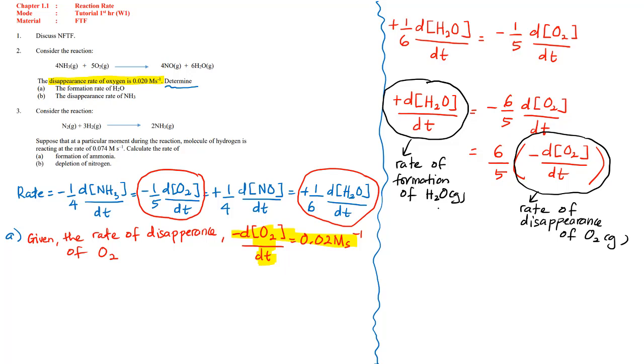Jadi apa hubung kait dia? Kadar pembentukan water vapor adalah 6/5 kali ganda daripada kadar pengurangan oksigen gas. Alright, so you can see here. So now what you are going to do? You are going to substitute the values given in the question.